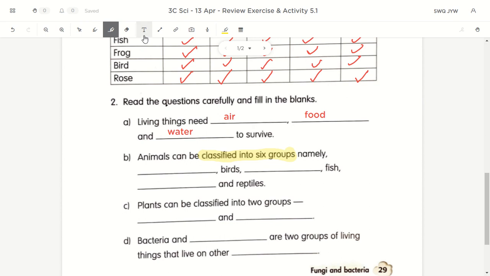What are the 6 groups? Remember FAMBRI. F is for fish. A stands for amphibians. Make sure you know how to spell. R, reptiles. M, mammals. Mammals is missing, so I'm going to put in my mammals over here. Mammals is spelled with a double M. And then B is here, and I. I stands for insects. So FAMBRI.